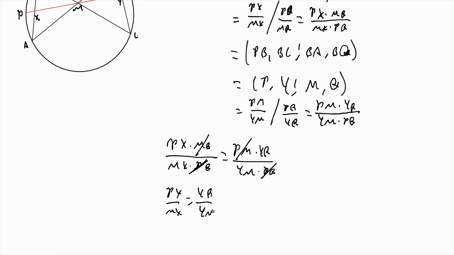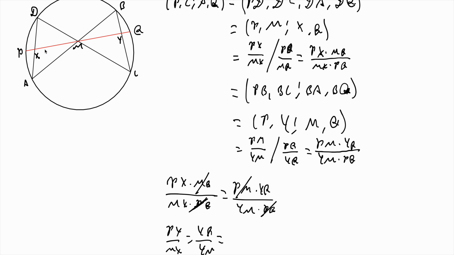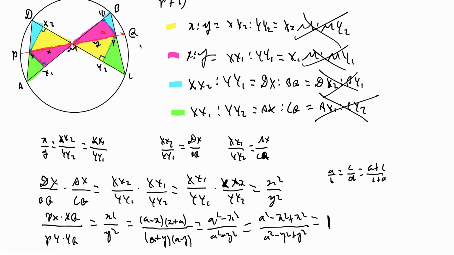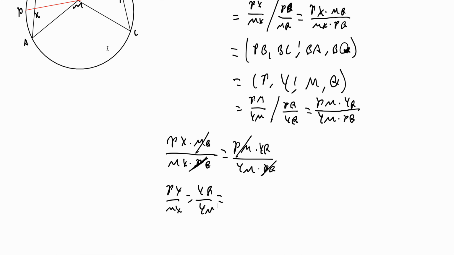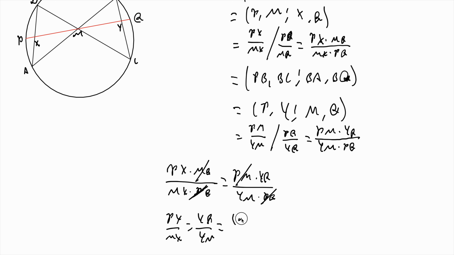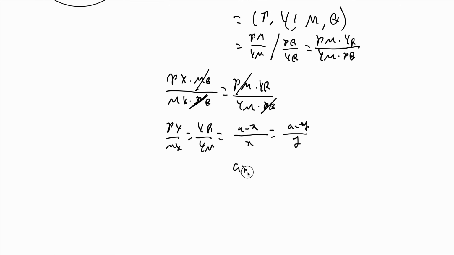Let's call this a, and x and y respectively, just as we did right here. So what is PX? PX is a minus x, over x, equals a minus y over y. Therefore, ax minus xy equals ay minus xy, so therefore x equals y. And that completes our proof.